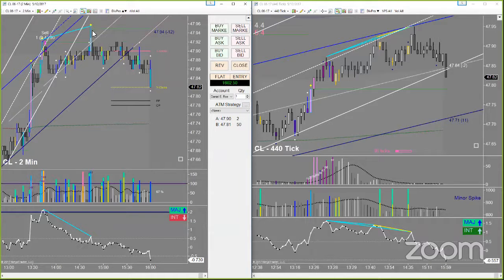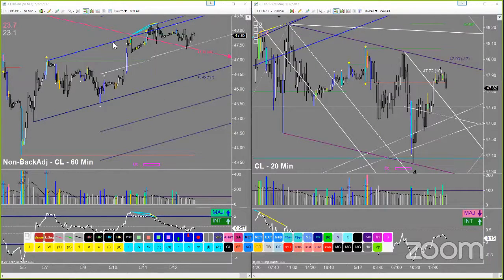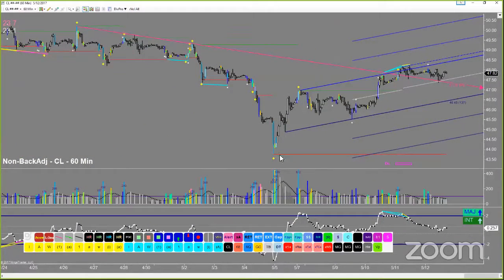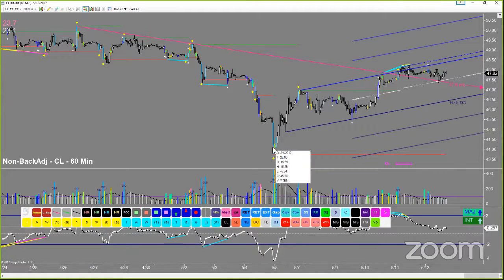Okay, it did make one final high, but it's heading down now. This low that we had, what was that, Wednesday, I think, or Thursday. No, that was, yeah, Thursday night.